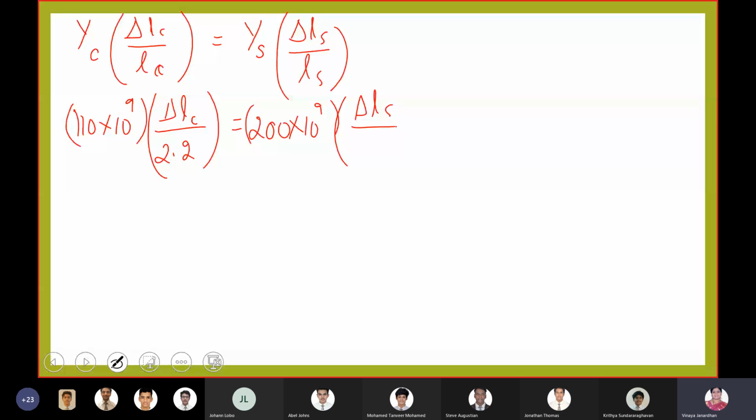So the 10 to the power of 9 and 9 will get cancelled. These two things will get cancelled, correct? So we'll keep delta Lc by delta Ls.